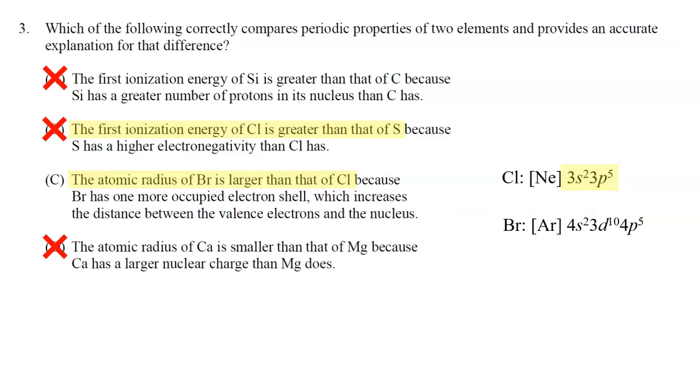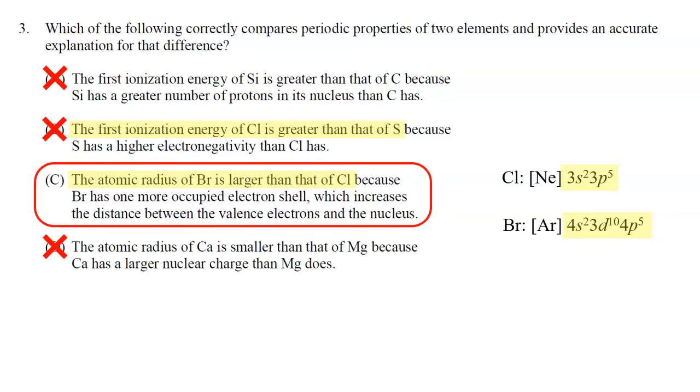We have level 3 for chlorine for the valence shell, and level 4 for bromine for its valence shell. The reason why choice C is correct in terms of its explanation is that bromine has one more occupied electron shell, which increases the distance between the valence electrons and the nucleus. That's why the atomic radius of bromine is larger than that of chlorine. So the correct answer to question 3 is C.